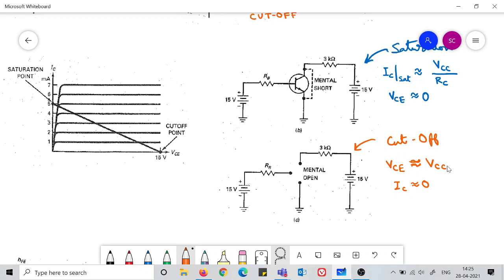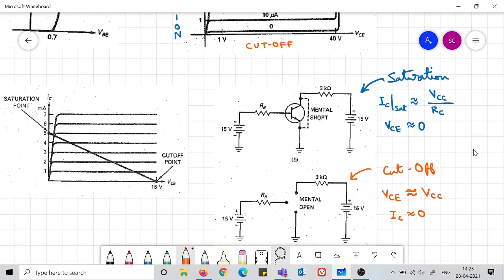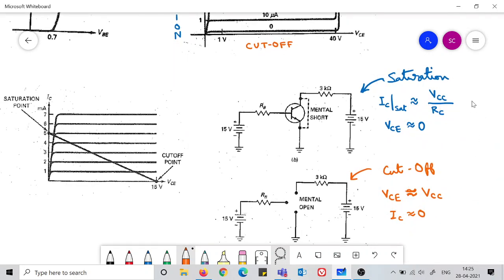So this is the operating point in the cutoff region, and this is the operating point in the saturation region. You see that we have found the cutoff point: VCE equals VCC for this particular circuit, and IC is 0.